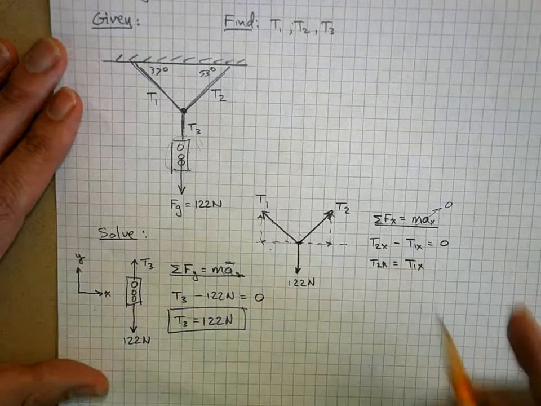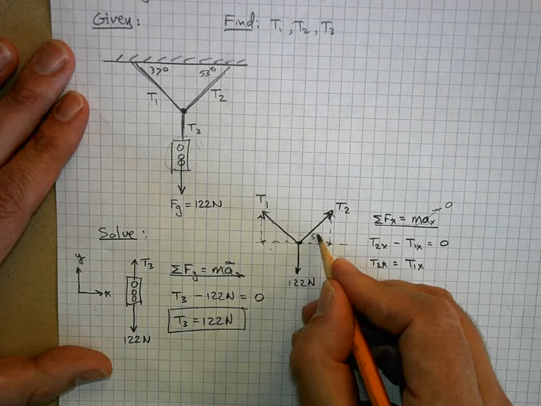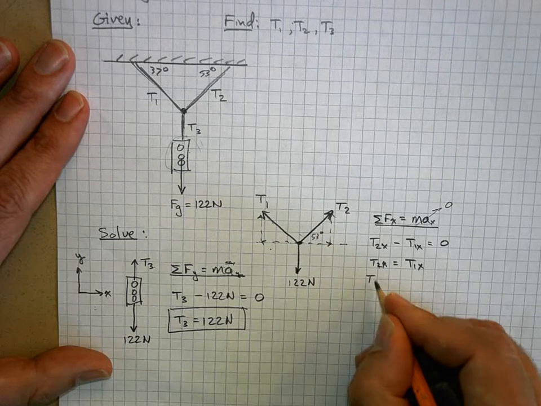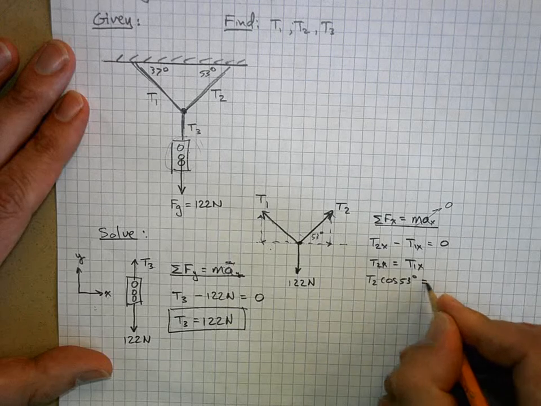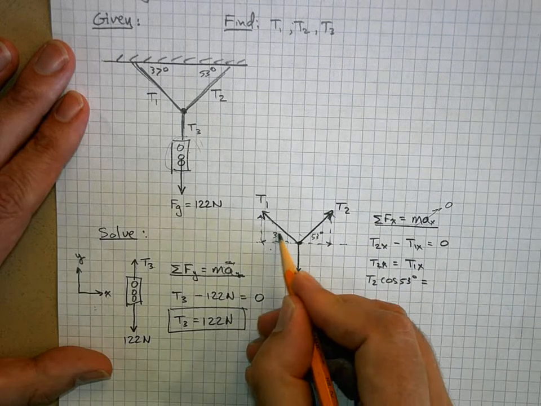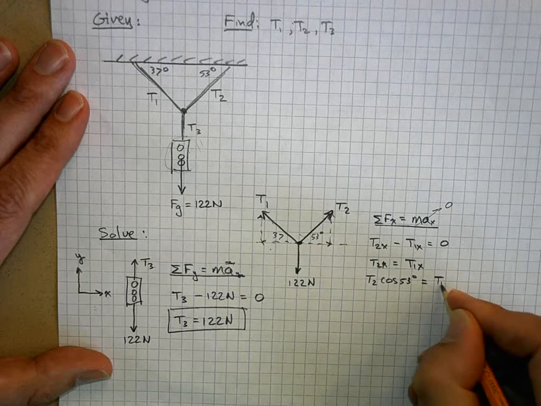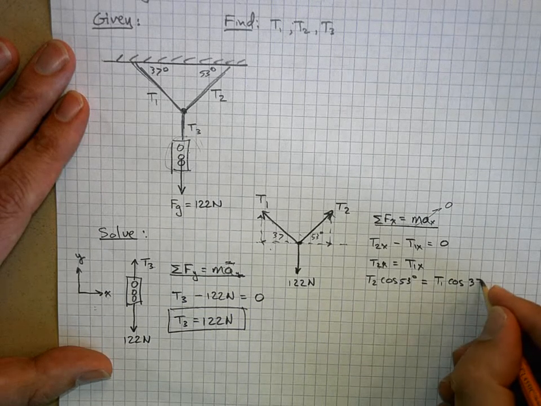But T2 in the x, what is that? Well, this is 53 degrees here. So this is T2 times the cosine of 53 degrees is equal to T1, and this is 37 degrees, times the cosine of 37 degrees.